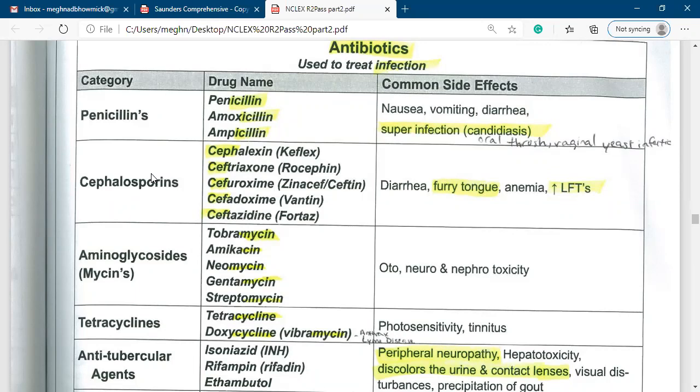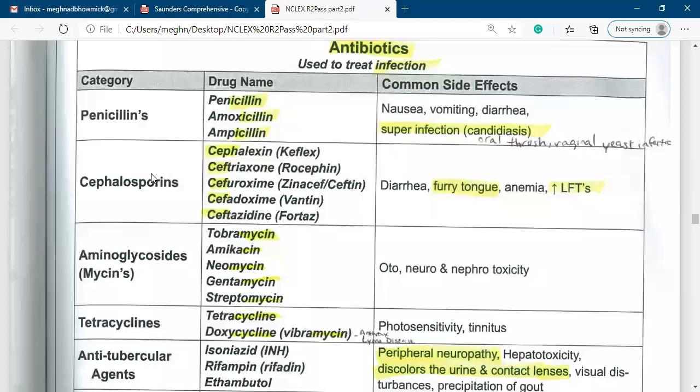If patient tells you, I am a known case of penicillin allergy, you never ever give them penicillin.